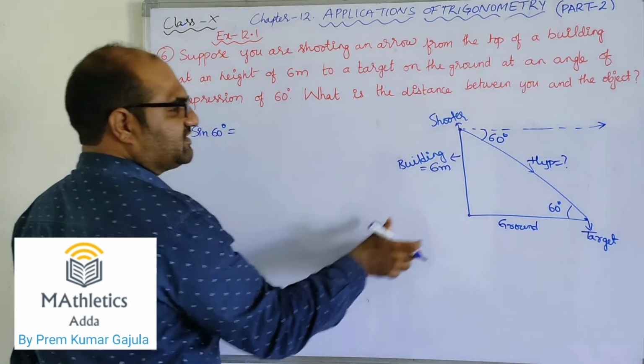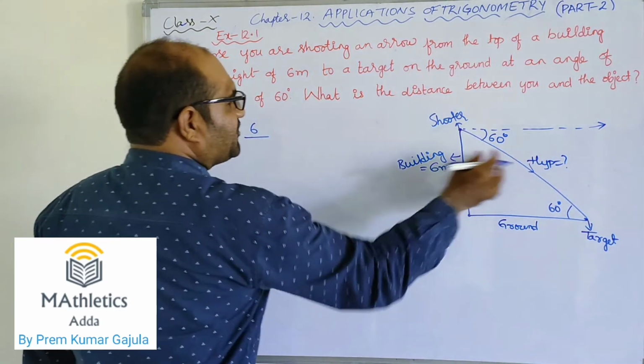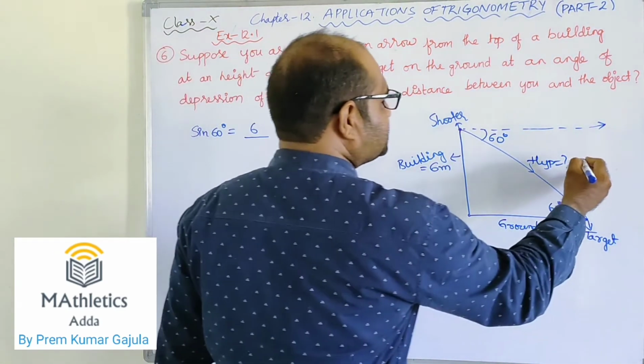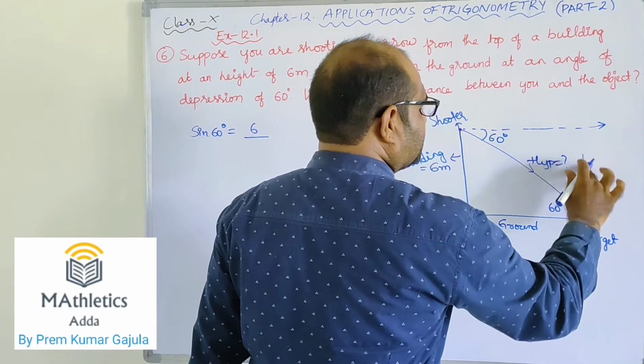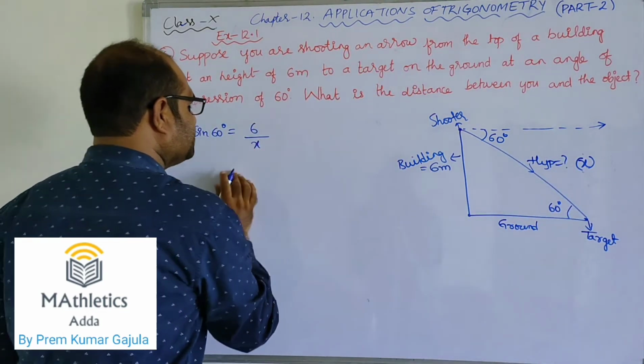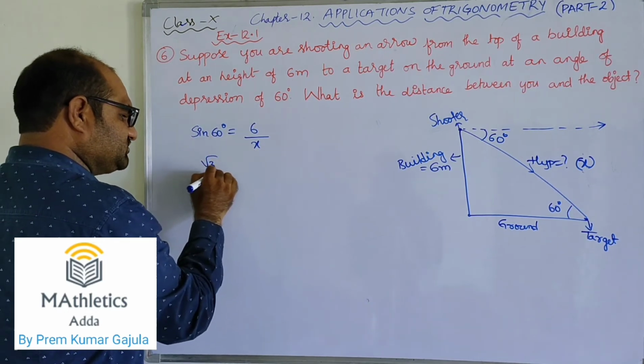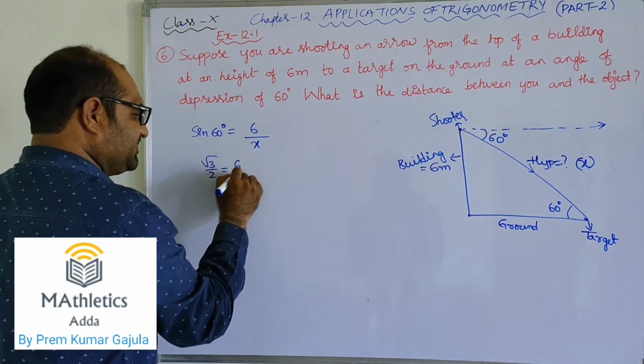So I am applying sine 60 degrees here. Sine 60, we know, is opposite by hypotenuse, that is 6 by the hypotenuse, which we don't know, so let us take it as x. Sine 60, we know, is root 3 by 2, and this is 6 by x.